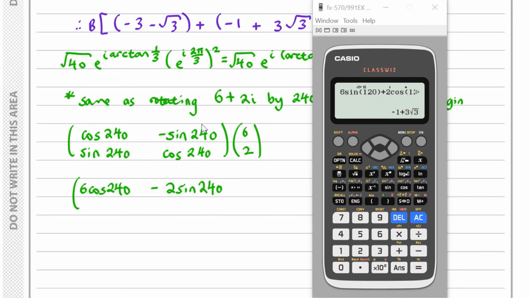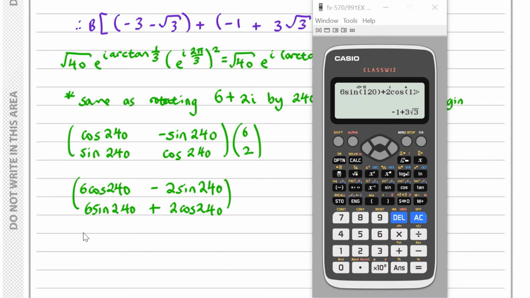And then for the other coordinate we have 6 times the sine of 240 plus 2 times the cosine of 240.